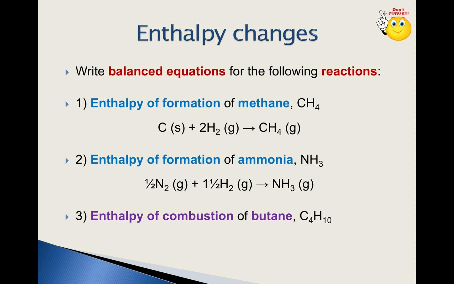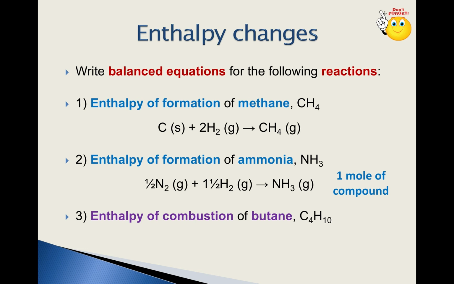I don't want 2 nitrogens, I want 1, so we put a half to reflect that. Half times 2 will give me 1. And in terms of hydrogens, we want 3, so 1.5 times 2 will give me 3, and that's where that comes from. And then we put the standard states. So nitrogen's a gas, hydrogen's a gas, and ammonia is a gas as well. So make sure you write it correctly.